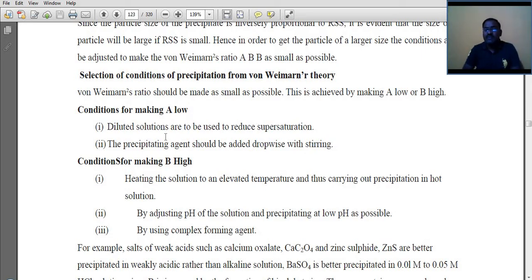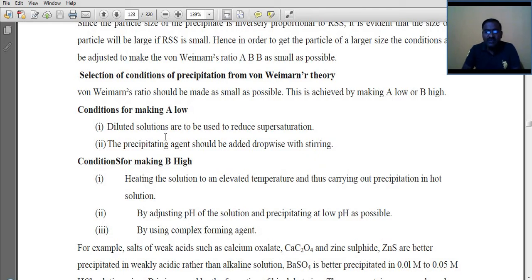This is achieved by making Q low or S high. The conditions for making Q low: dilute solutions can be used to reduce supersaturation, and the precipitating agent should be added drop-wise with stirring.